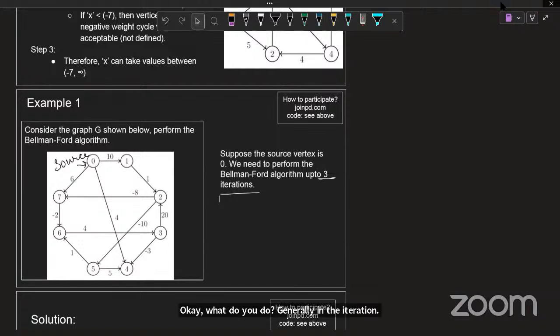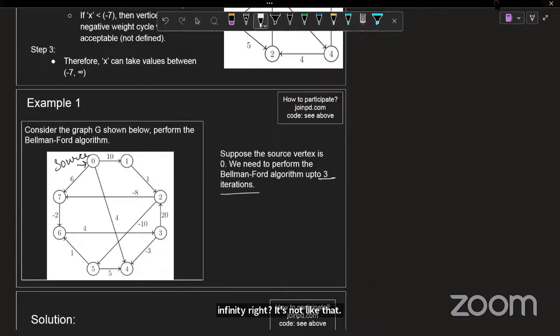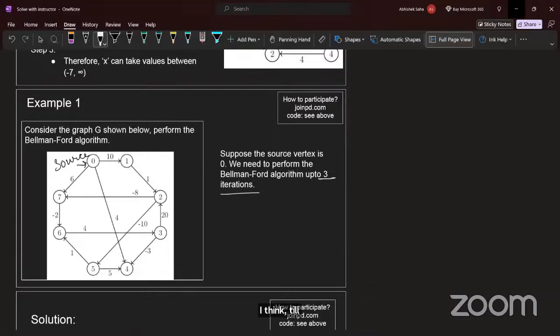You relax something, right? Till we get a constant value. Till we get a constant value, then it will work for negative cycle also. Like you'll keep on doing and doing, it will go till infinity, right? It's not like that. I think till n-1. Yeah, correct. So you'll have to do n-1 times iteration, right?